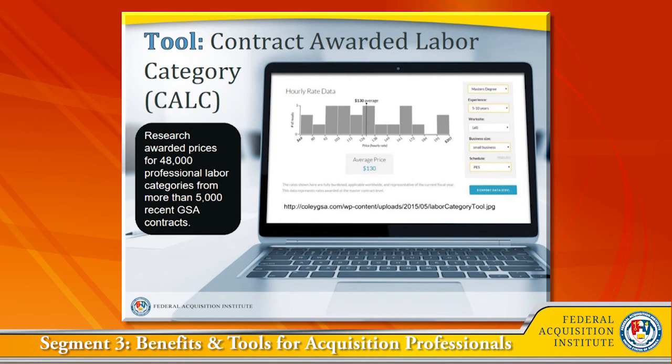Before CALC, contracting officers had to sift through paper contracts or comb through GSA Advantage files to stitch together a picture of what fair and reasonable hourly labor rates might be. CALC helps contracting officers determine the range of pricing at the highest level for a specific labor category.